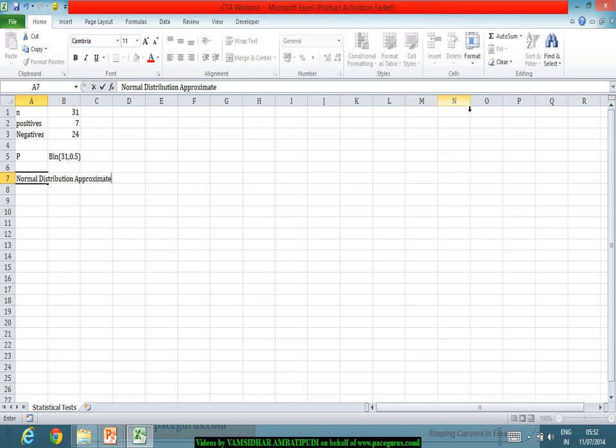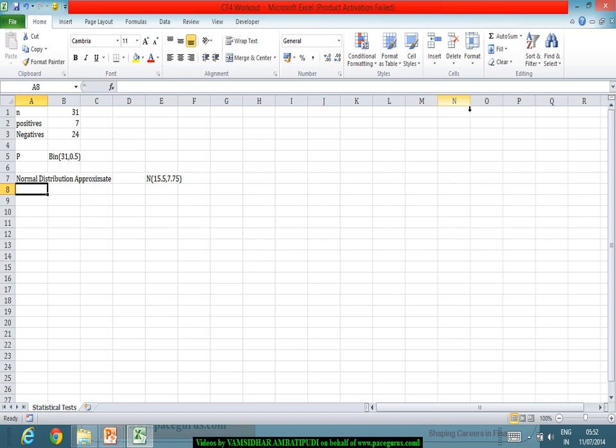With the normal approximation, it works out as a normal distribution with mean np, which is 31 times 0.5, or 31 by 2, which is 15.5, and variance np(1 minus p), so 15.5 times 0.5, which is 31 by 4, giving me 7.75. So I can look at it as a normal distribution with these two parameters.